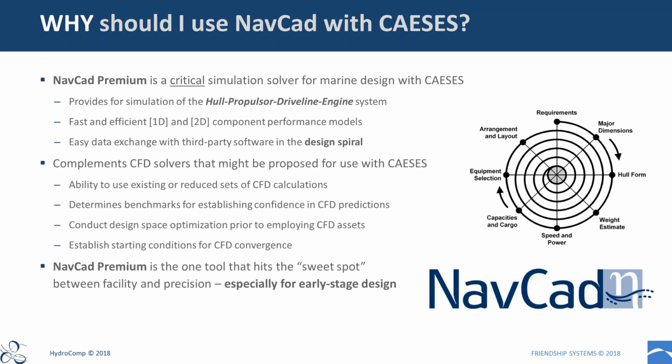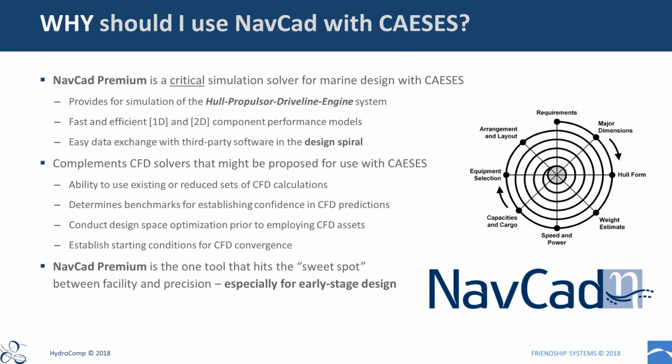On the propulsor side, we have propellers, water jets, different kinds of propulsors, and then the components for the driveline, the shafting and transmission, and the engine or motor or prime mover that actually provides the energy to the system. So you can build up the system with NavCad's 1D and 2D component performance models. And we'll see how that reflects different order models here in just a moment.